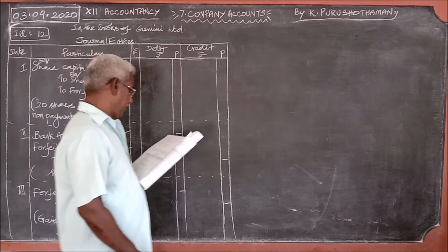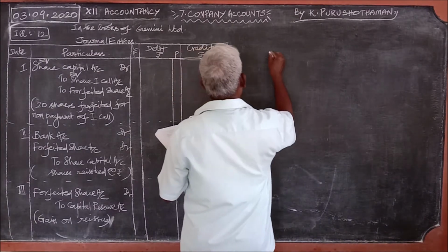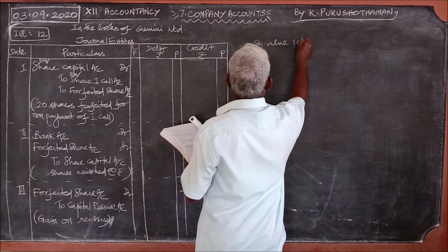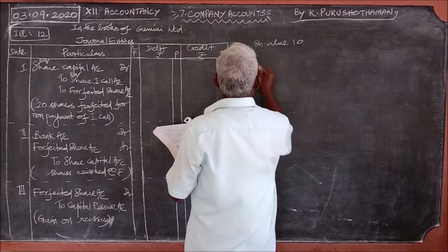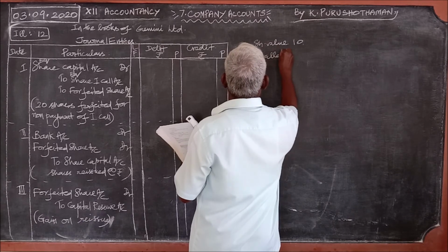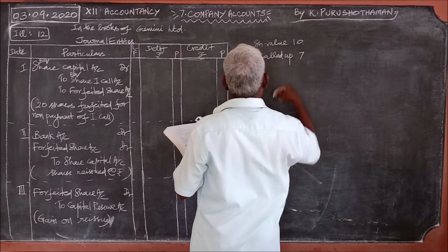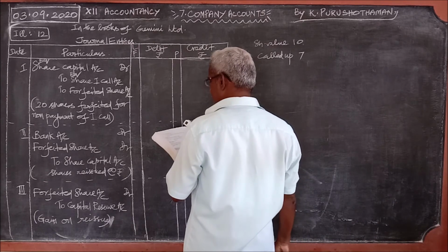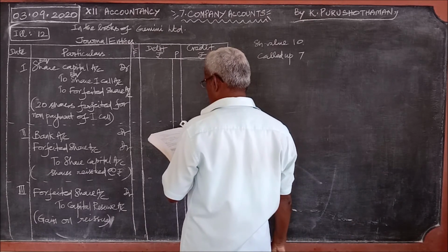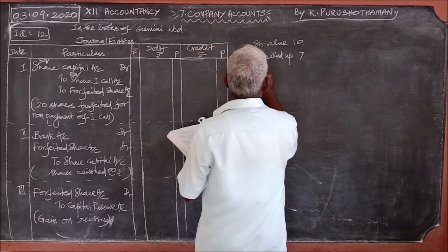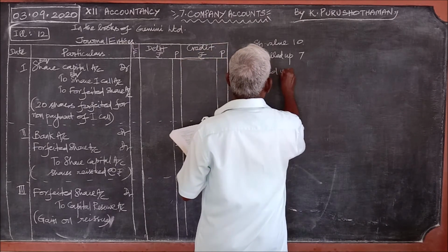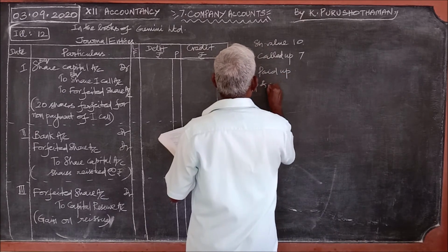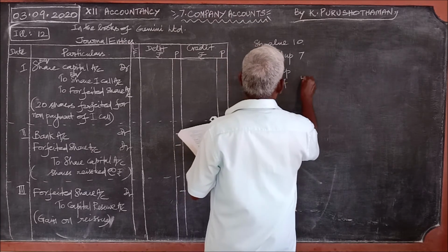The nominal value, share value, is rupees 10, but called up is only 7. And Mahesh had paid application and allotment money, rupees 5. Paid up in the name of application and allotment, rupees 5 only.